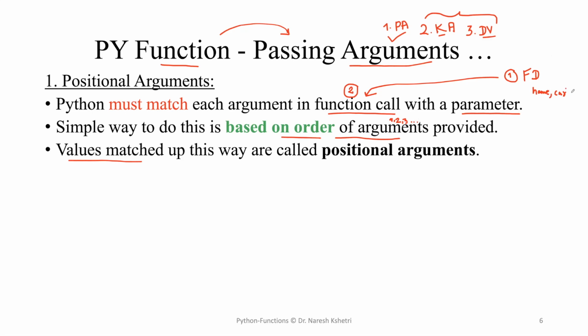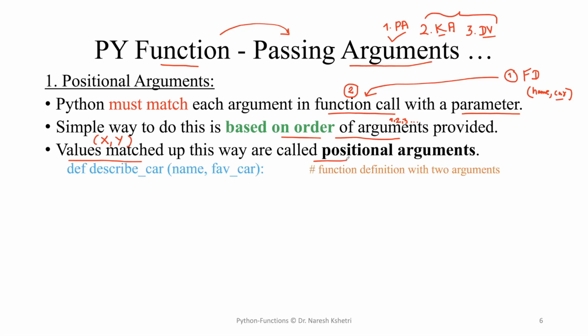We have passed the value for the name, X, and the value for the car, Y. So those values are matched. If we do the function call in this way, the second part, it is called the positional argument.